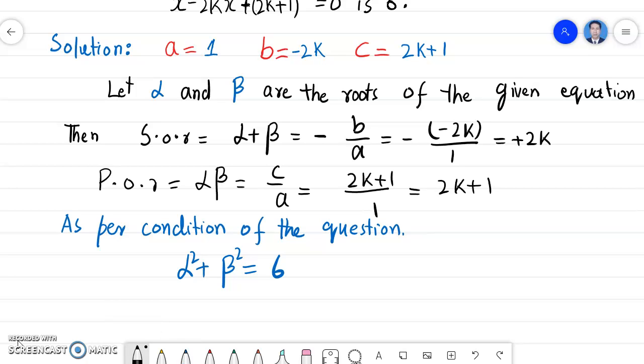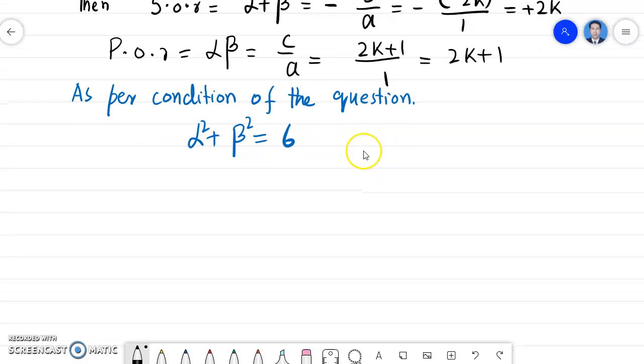Now we will add plus 2 alpha beta and minus 2 alpha beta, so that we may convert it into alpha plus beta and alpha beta, so that we can put the values of alpha plus beta and alpha beta.